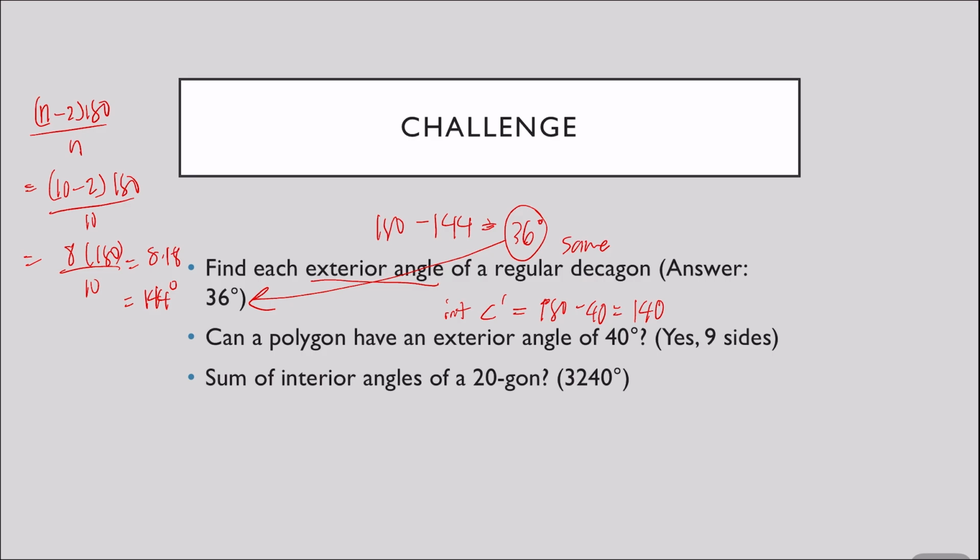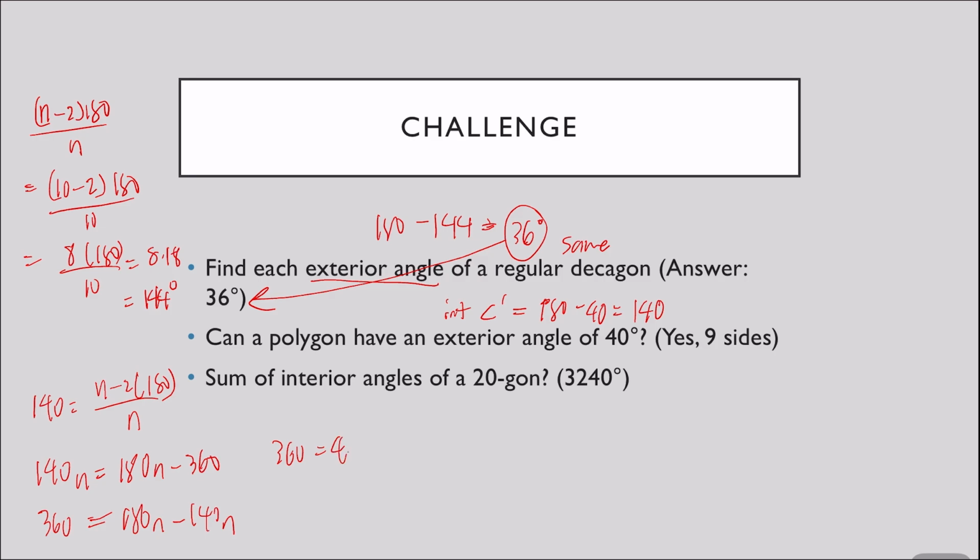Lagay natin sa formula. 140 is equal to n minus 2 times 180 over n, times n both sides. 140n is equal to, distribute, 180n minus 360. Transpose: 360 is equal to 180n minus 140n. So you'll have 40n. So 360 is equal to 40n, divided by 40 on both sides. You get n is equal to 4 times 9, no? The 9 sides ang n.